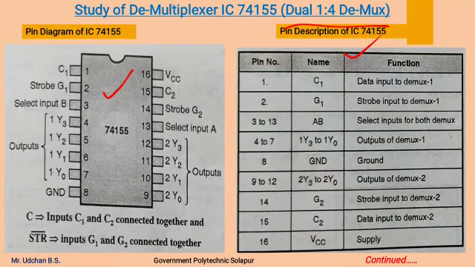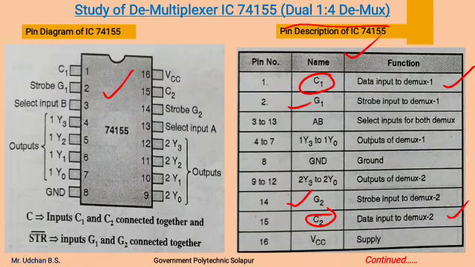For the two 1:4 demultiplexers, there are single inputs to each. The C1 is for the first demultiplexer and C2 is for the second demultiplexer. These are the data input lines, and for each demultiplexer a strobe input or enable input line is available. This G1 is for the first demultiplexer and this G2 is for the second demultiplexer.